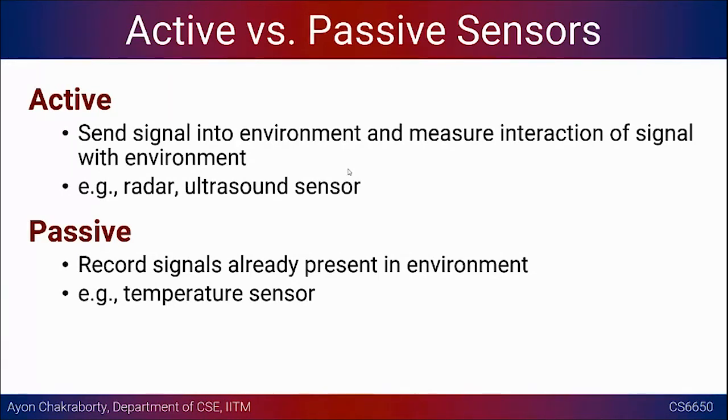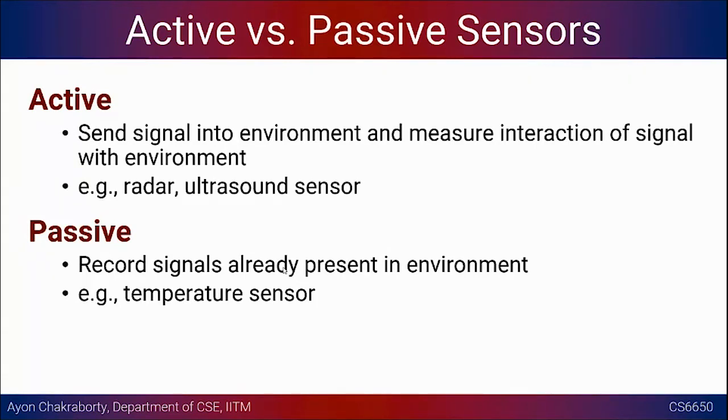Also the IR sensor that we discussed, which was emitting an infrared ray and getting the reflection back. It is actively putting something into the environment and trying to understand the context of the physical environment by looking at how that actively sent signal interacts with it.